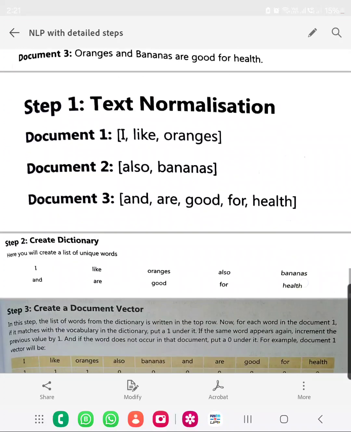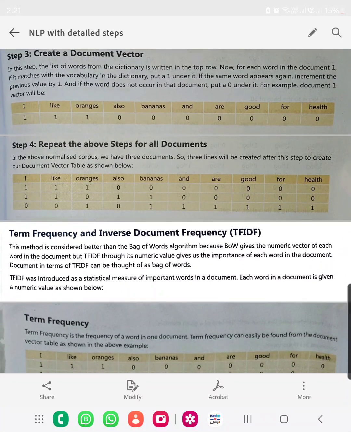So we have to mark all of it. So oranges, this one will go for document 3. Oranges and bananas are good for health. The ones that I have marked are 1, and the rest are 0.